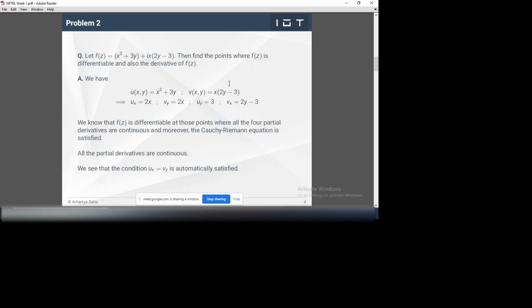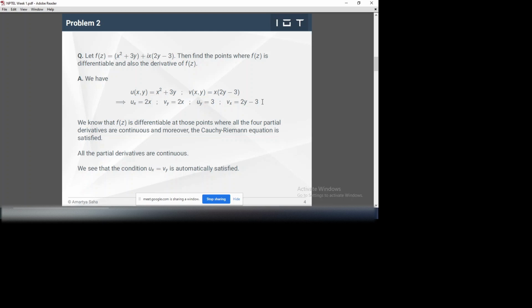From the question we can easily recognize them, and continuity of u(x,y) and v(x,y) is no problem because these are polynomials and they are everywhere continuous. Since they are continuous, we have no problem in taking their partial derivatives.